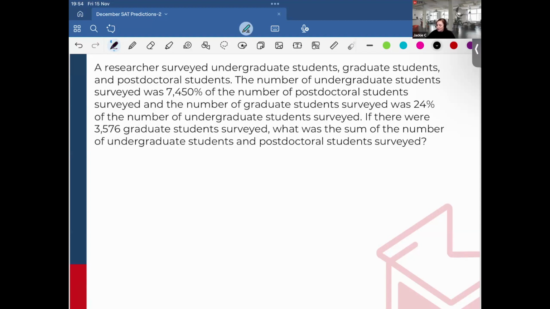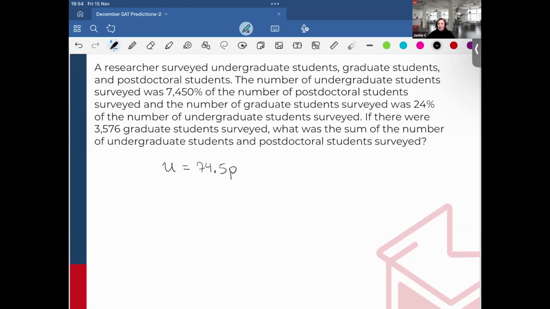The number of undergraduate students was 74.5% of the number of postdoctoral students surveyed. So like P for postdoctoral students.